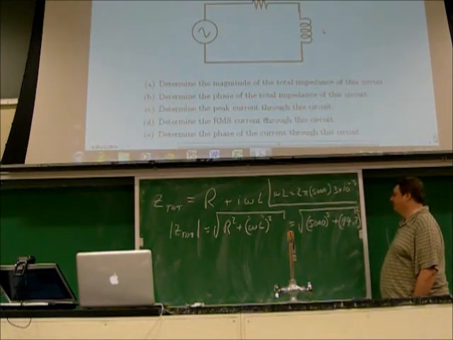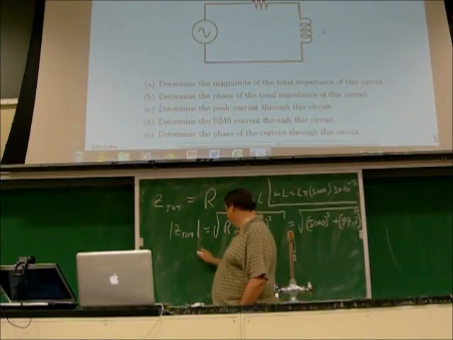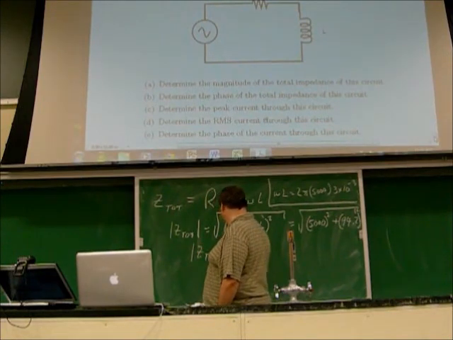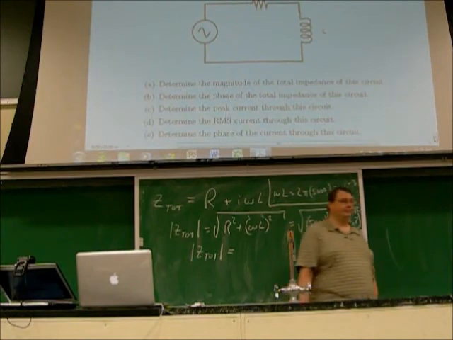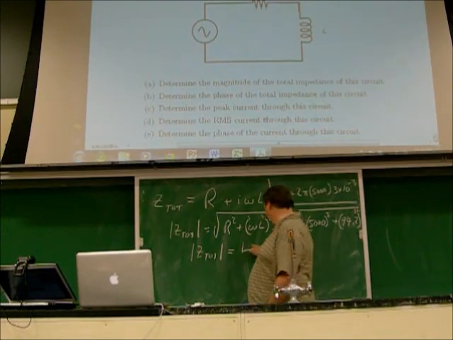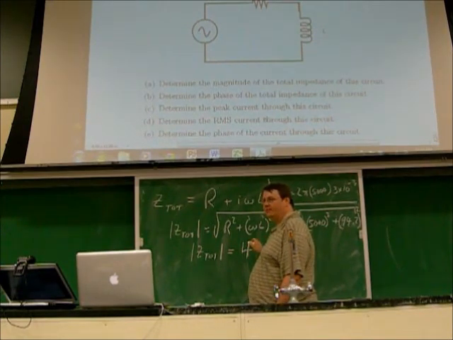Squared. Let's keep some digits here. What do I get? 5,000 squared plus 94.2 squared. 25,008,879, then take the square root afterwards.